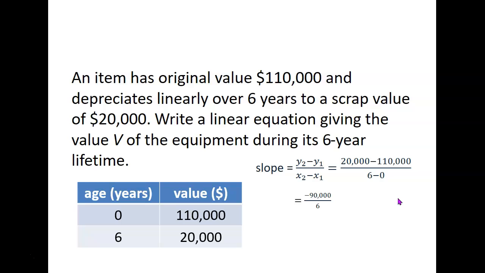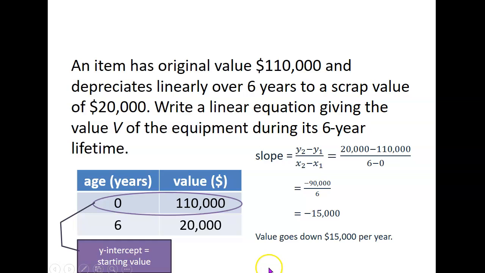It's lost $90,000 worth of value over that 6-year period. So when we divide, negative 90,000 divided by 6 is negative 15,000. That's the slope. And what that means here is that the value goes down by $15,000 per year.